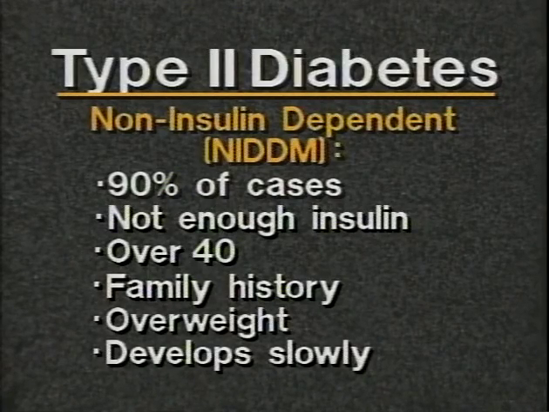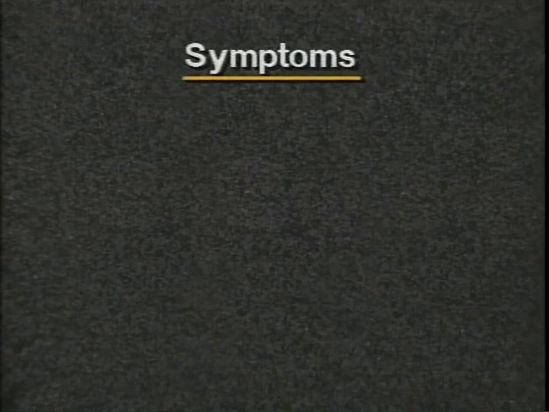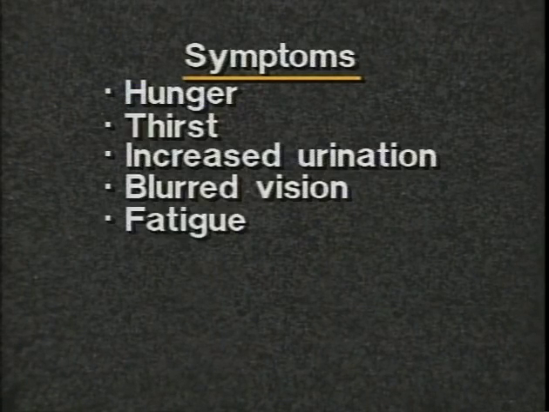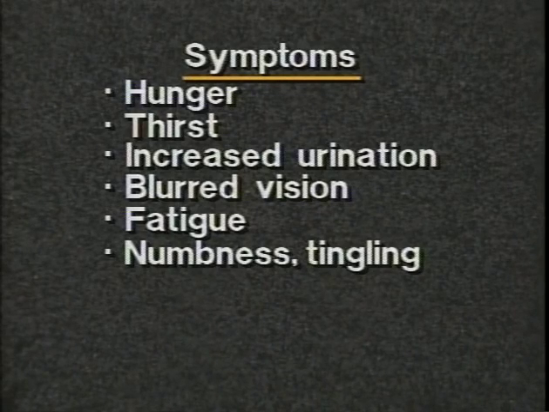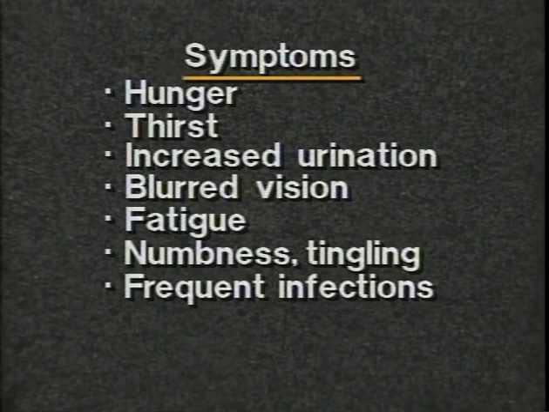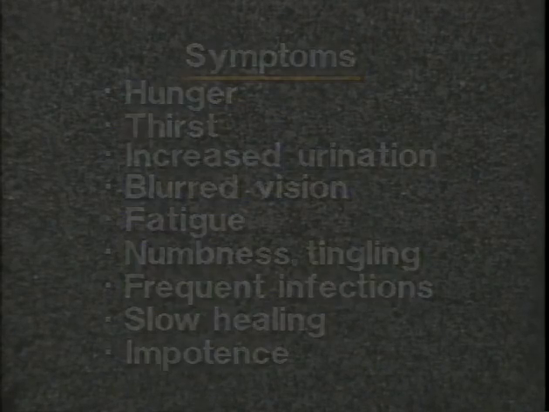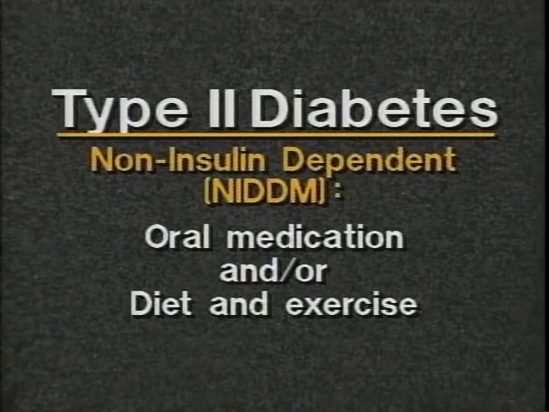Symptoms usually develop over a long period of time. They range greatly and may even be absent altogether. Symptoms include increased hunger, thirst, and urination, blurred vision, fatigue, numbness or tingling in hands or feet, frequent infections, slow healing cuts or sores, and impotence. This type of diabetes is treated with oral medication and/or diet and exercise.